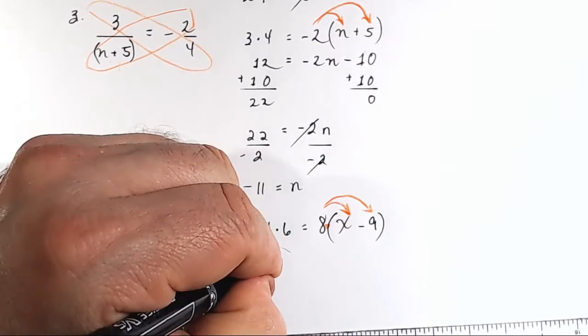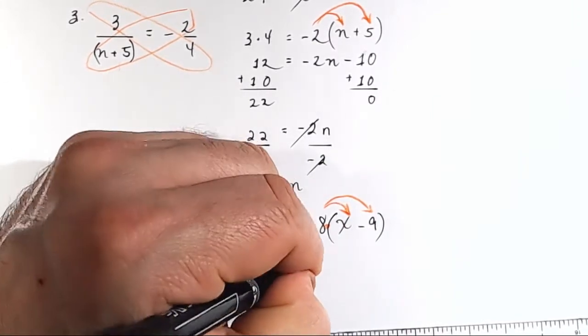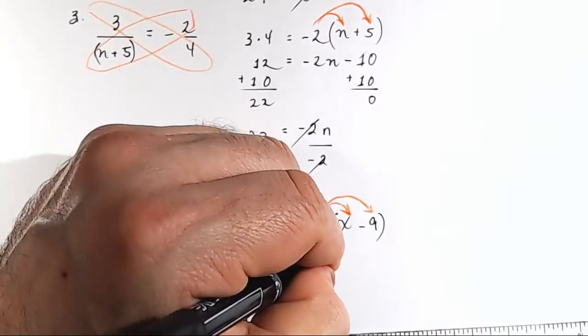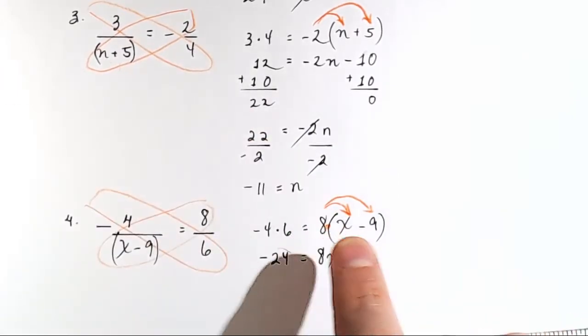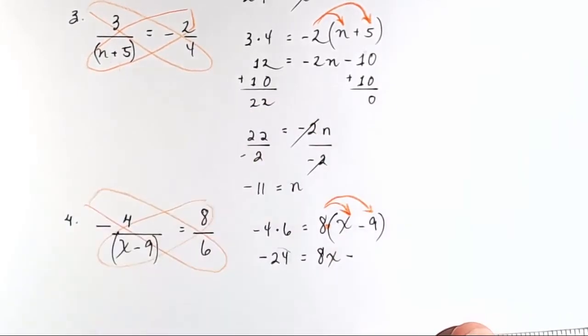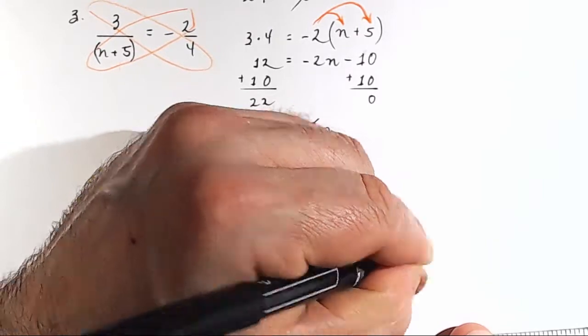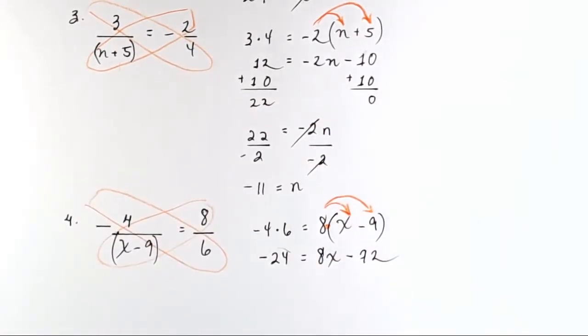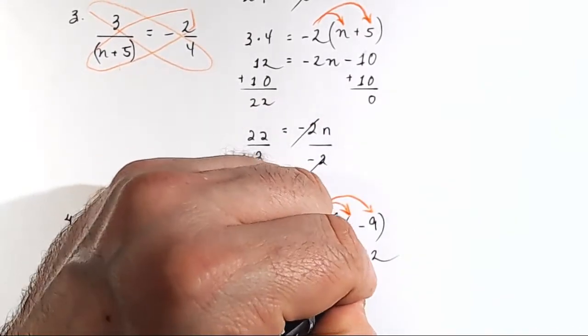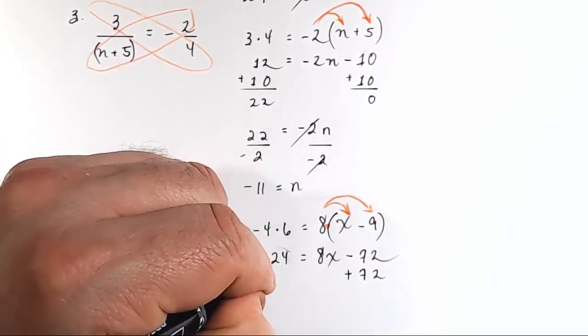Negative 4 times 6, negative 24, equals 8 times x, 8x. 8 times negative 9, that's negative 72. Okay, now what? Well, now we add 72 to both sides.